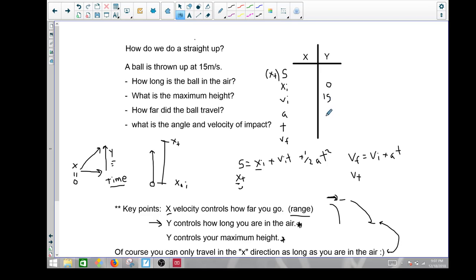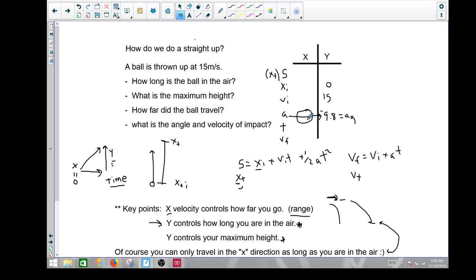All right, acceleration. Now again, I'll draw a line here. Every time we're in the y direction and we're in free fall or in active gravity, it's the acceleration of gravity, which is negative 9.8. I want to remind you, acceleration of gravity will never take place in the x direction.